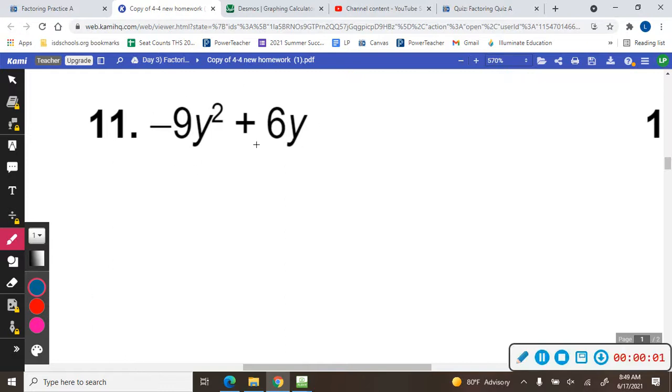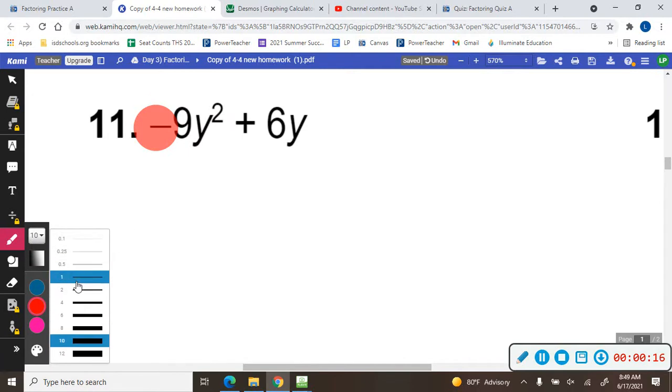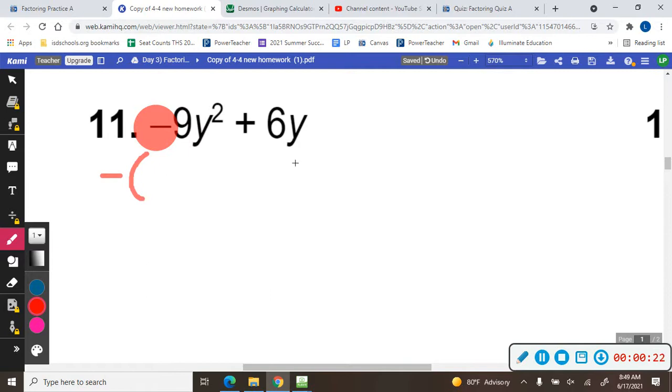So I'm supposed to factor this. First step would be, anytime you have a negative, you should factor it out. So we're going to factor out a negative. And factoring out a negative changes the sign.